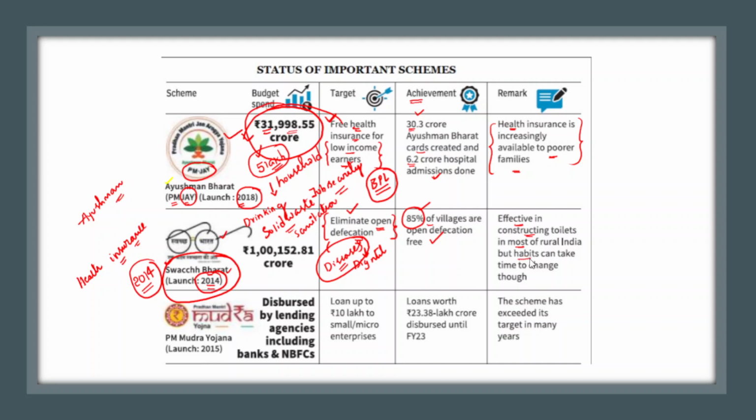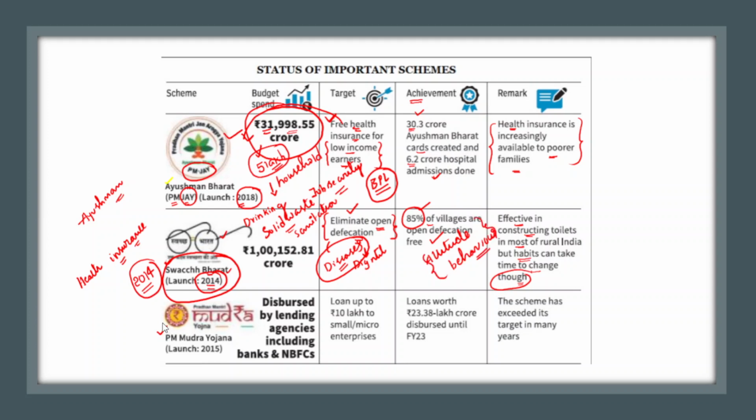But habits can take time to change though. This effectively means that even though we have constructed personal and community toilets, the attitudinal change and behavioral change among the people takes time. So therefore the government has made the right efforts in this regard.